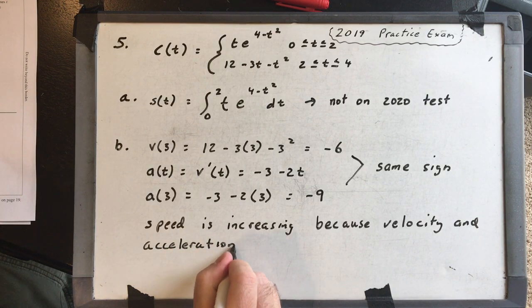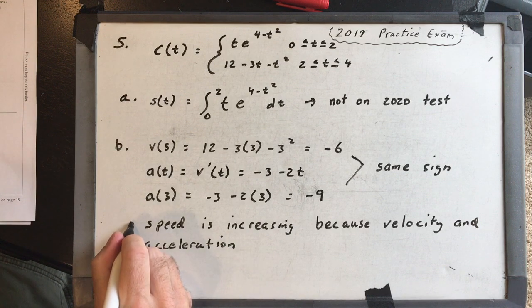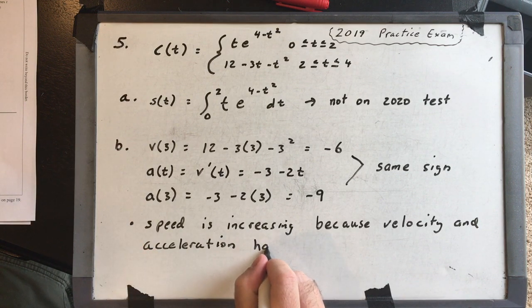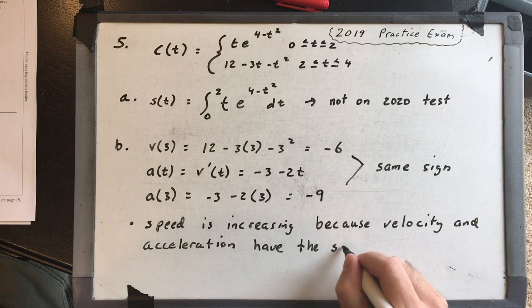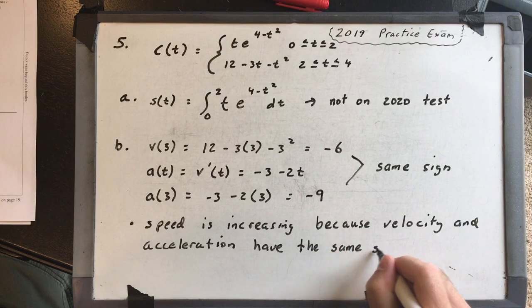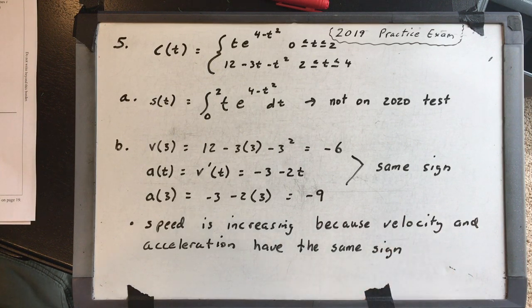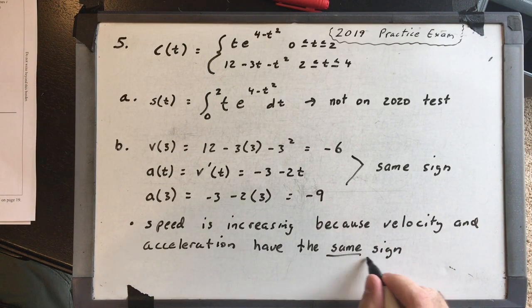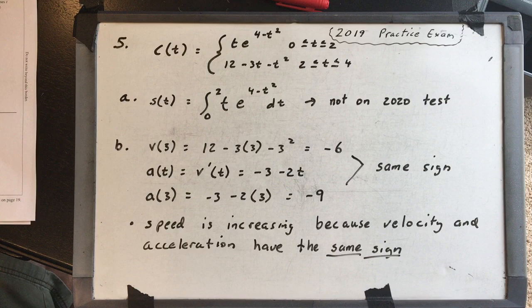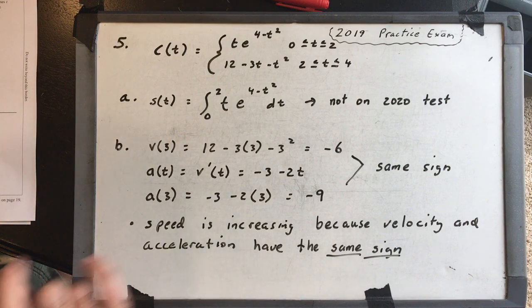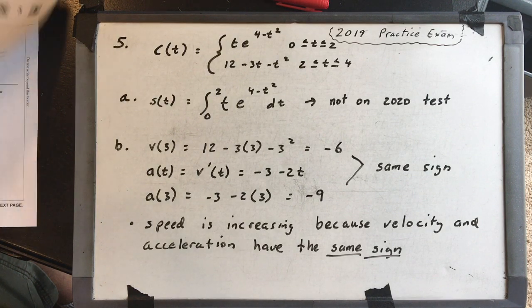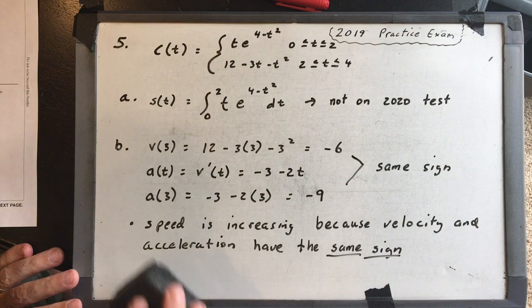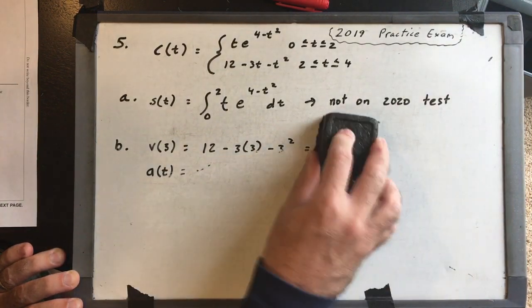Don't forget to write these reasons on your test. You've worked a lot of these; this is from your physics, but we've also touched on it. Even though they're both negative, that just means it's speeding up in the negative direction. I'm going to erase part of the board here, so pause if you need to, and we'll look at part C on the next page.